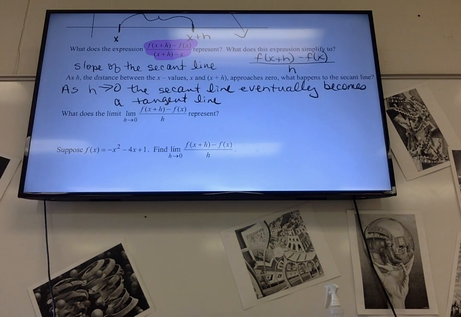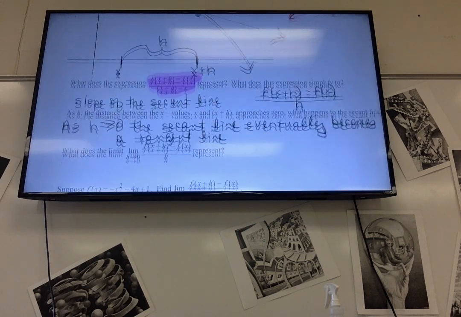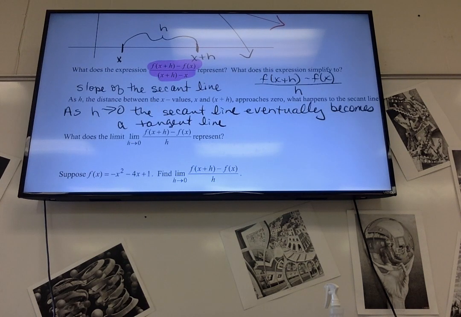New girl. What does the limit as h approaches 0 of that represent? So this, we said, represented the slope of a secant line.